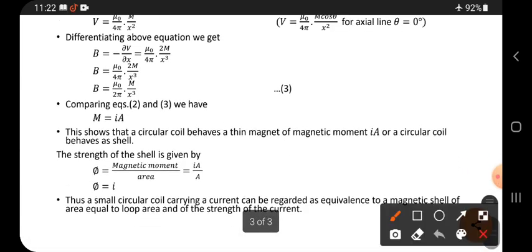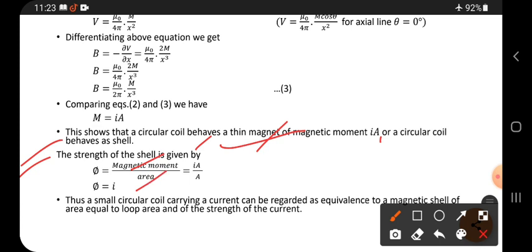Now this shows that a circular coil behaves as a thin magnet of magnetic moment IA, or a circular coil behaves as a shell. The strength of the shell is given by phi is equals to magnetic moment by area.